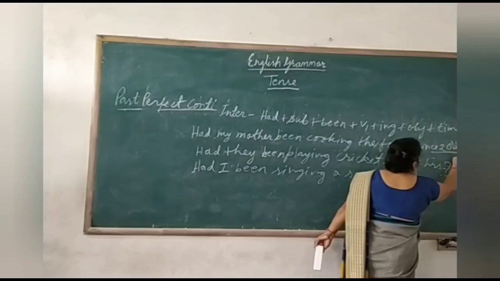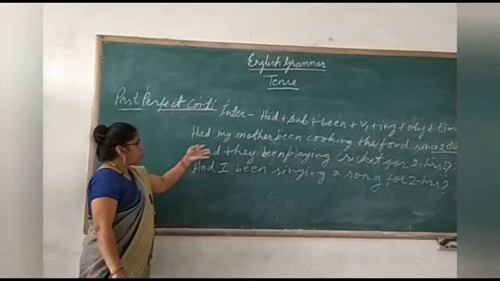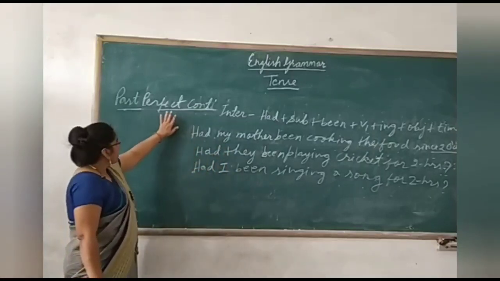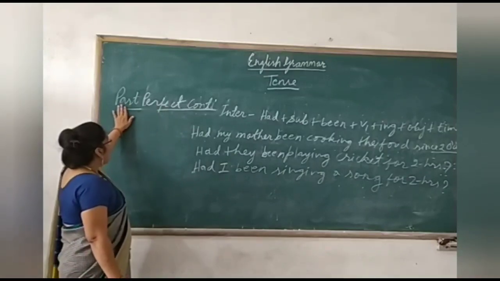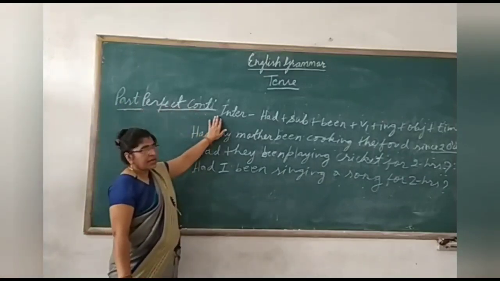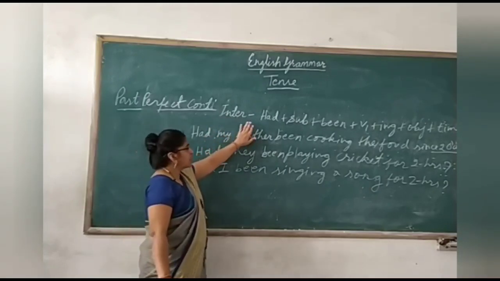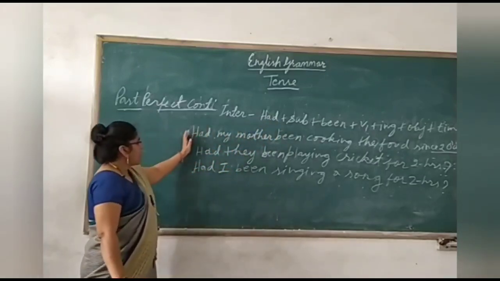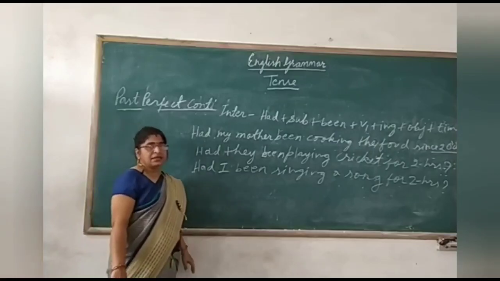In all the sentences, because it is interrogative, you have to put the question mark. So, what we have learned here, we have learned past perfect continuous interrogative sentence, structure of interrogative, and with the help of structure, we have formed these three sentences.